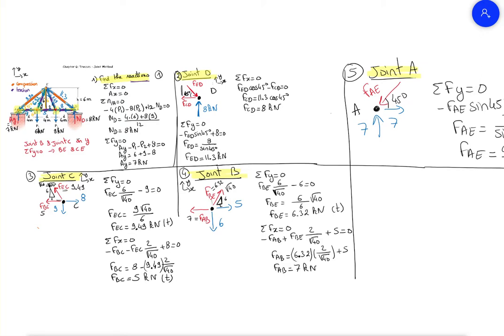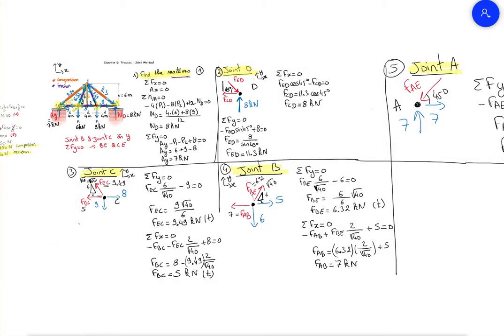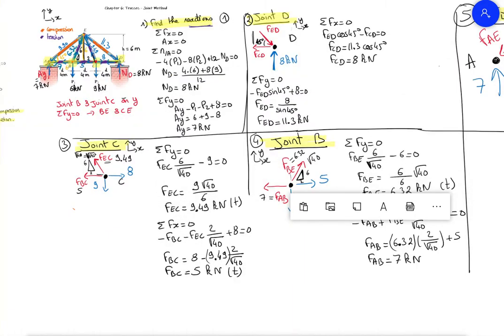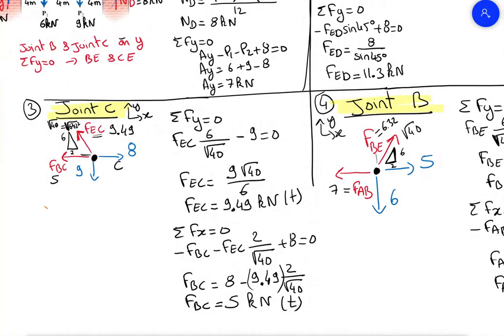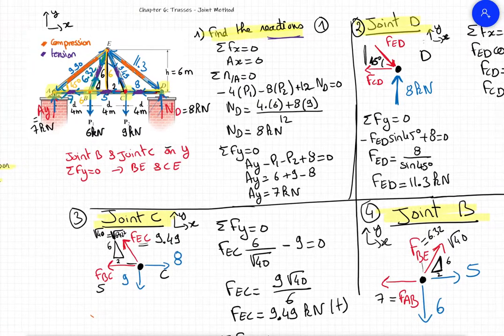Let me check all the answers. And here we go. Yes, 11.3 and 9.90. Everything is correct. So those were the steps. Take your time, one step at a time. The joint method is long because we do one joint at a time. But at the end, we have all the forces everywhere in the truss.